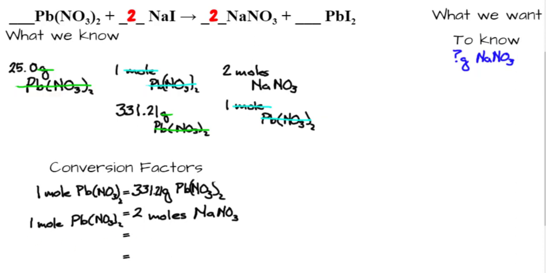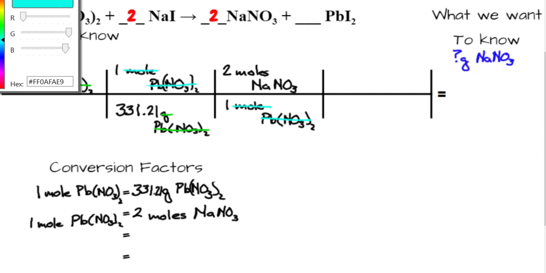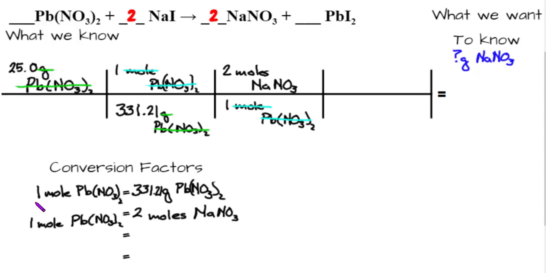I need 1 more box to complete this, because now I need to figure out 1 mole of sodium nitrate is how many grams. And that is 85.00 grams of sodium nitrate.